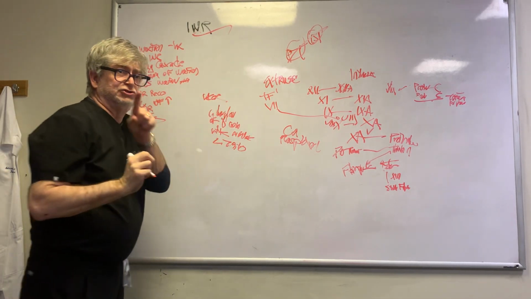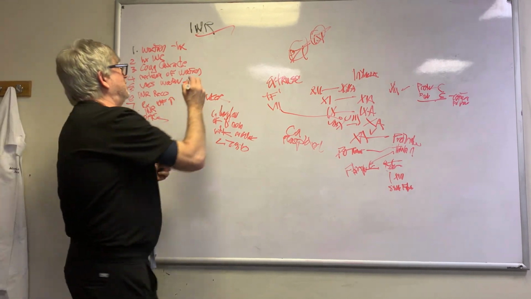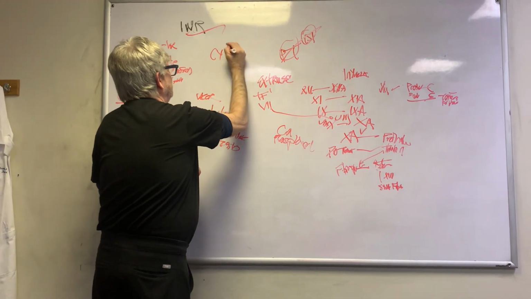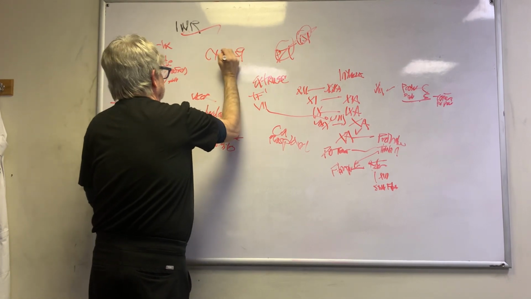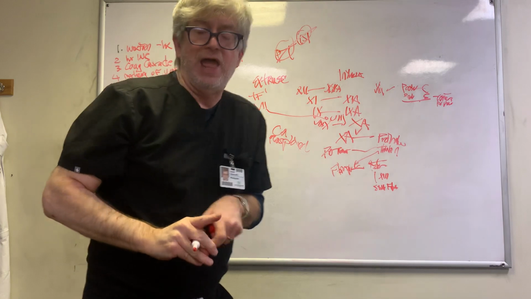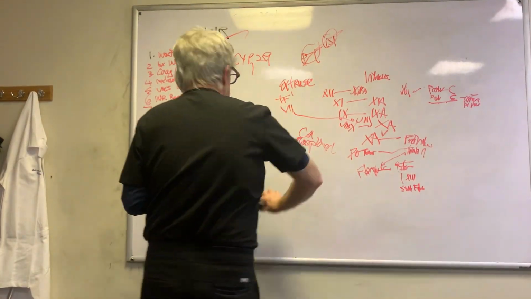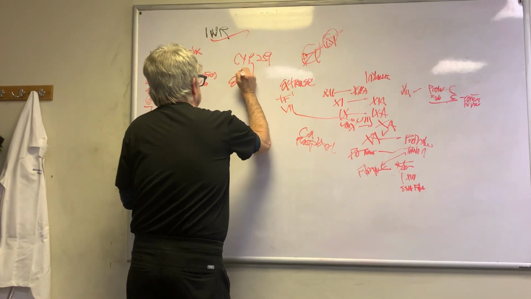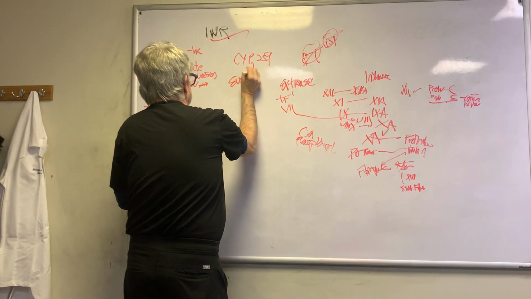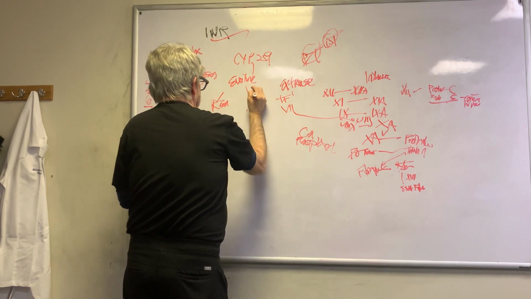The other thing that's very important with warfarin is it's metabolized by CYP2C9. And with this, if you remember your organic chemistry, it's an enantiomer. So you have an R form and an S form.